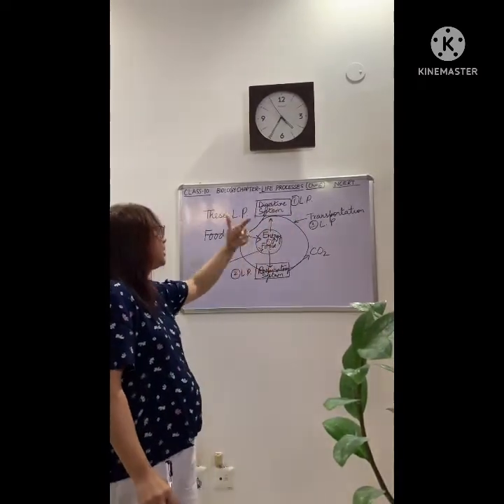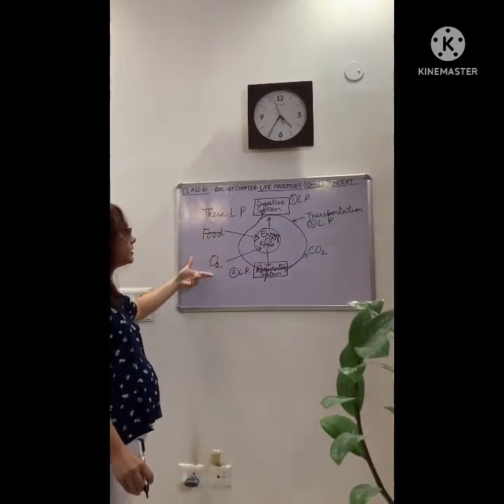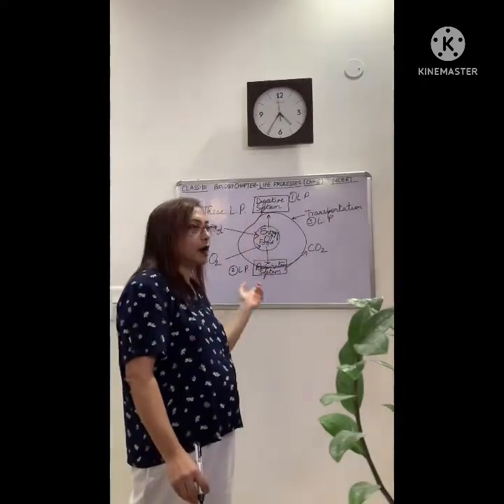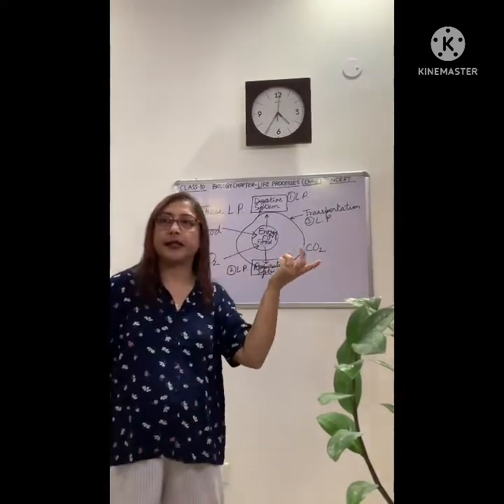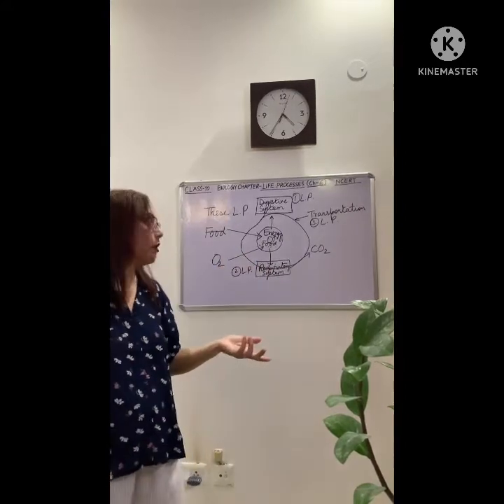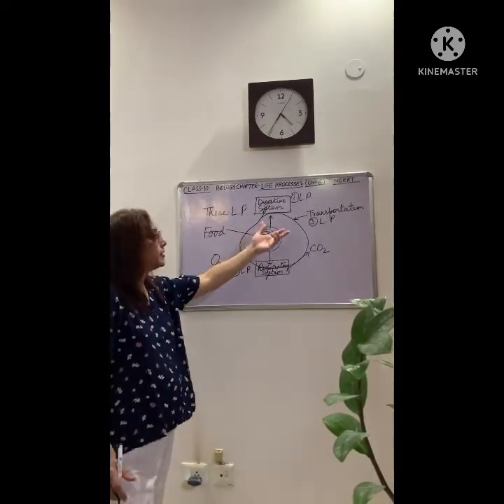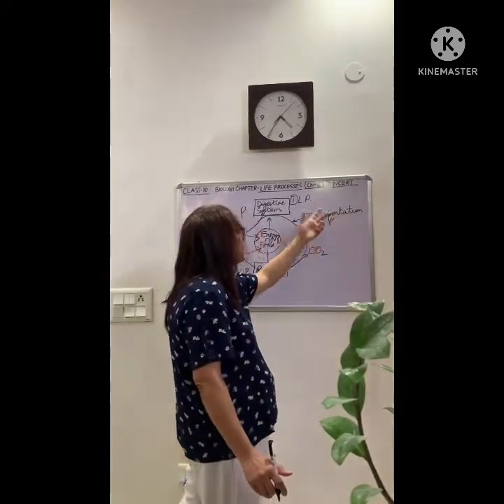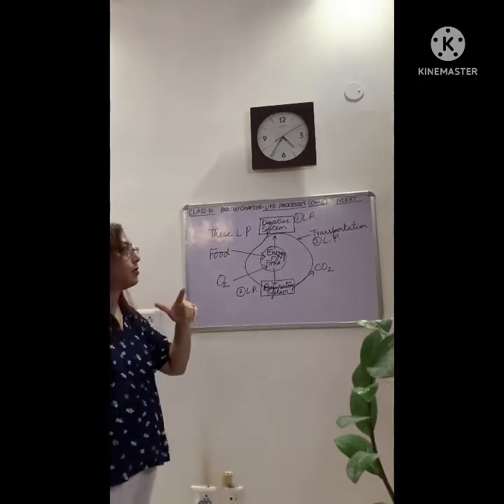Transportation of what? Transportation of food and oxygen to various parts of the body, that is to various cells of the body. It is this transportation system which carries them to all parts of the body.